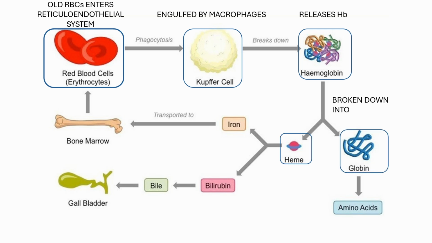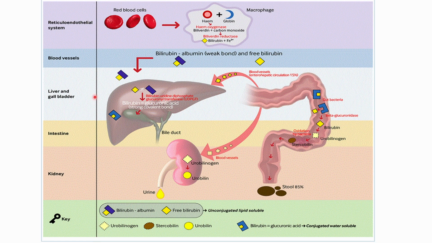The globin reaches the amino acid pool. Heme releases iron, which is utilized for hematopoiesis. And the bilirubin thus produced is excreted through the bile. So this is the whole picture of heme metabolism, how bilirubin is produced and how it is excreted.